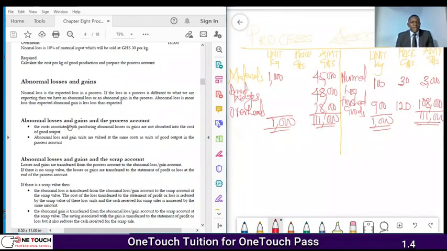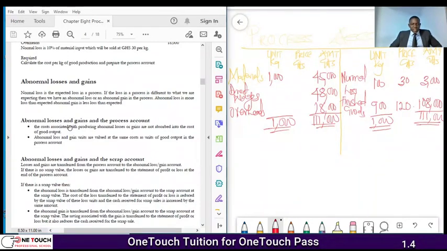Now, how do we treat abnormal losses and gains, and how does that affect the process account? The costs associated with producing abnormal losses or gains are not absorbed into the cost of good output.